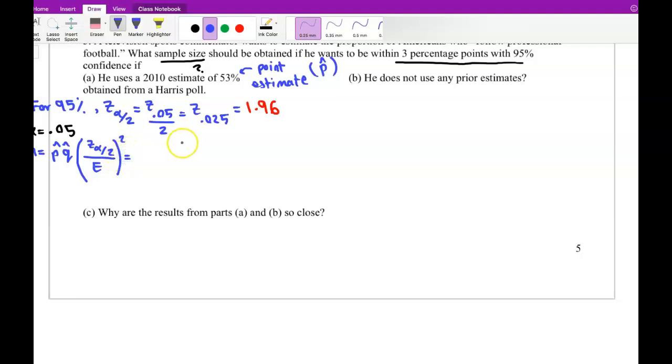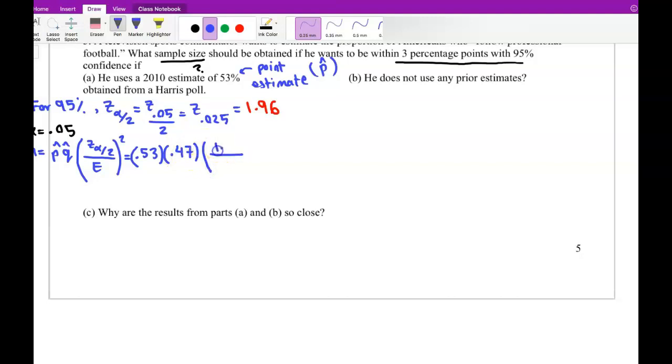So that is equal to, our P hat is 53%. Then Q hat is 1 minus P hat, which is 0.47.